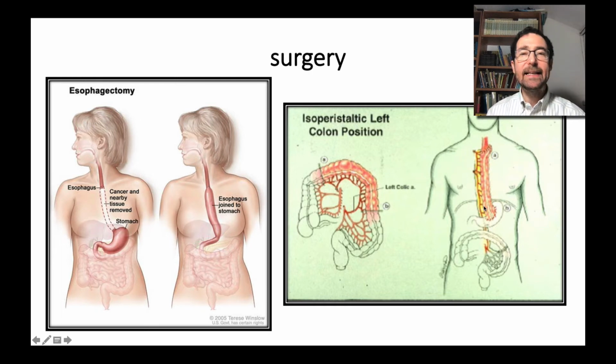Now, exactly when the surgeon decides to do which procedure, which approach, thorax, transhiatal, pull-up, neo-esophagus, that's really a surgical decision that I don't get involved in, and I don't even quite understand, but I think it's important for your students to understand these various different options.